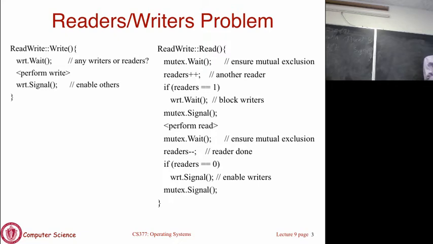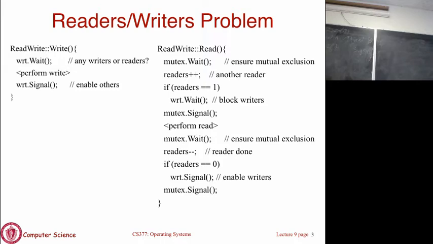What happens when another reader arrives? It's going to wait because, remember, after the first reader arrived, readers is no longer equal to 1. Or rather, if we have a second reader that's down here, it would increment readers to 2 and wouldn't actually execute write.wait.